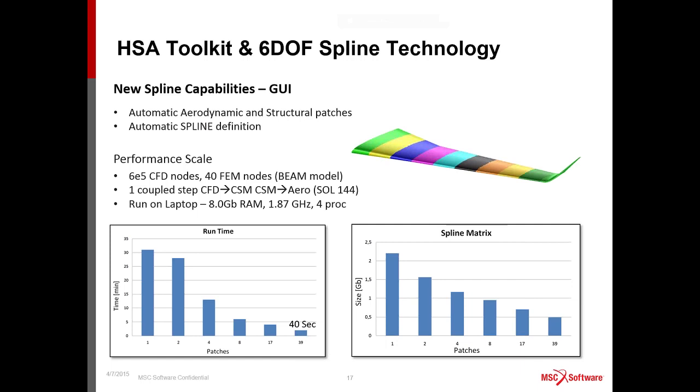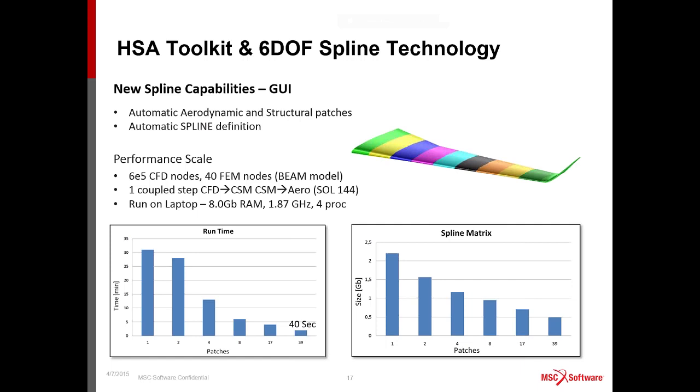And after we started using the toolkit, as you can see, while increasing the number of patches, which is exactly what the toolkit does, we were able to decrease the time to just 40 seconds. This is very, very important because we can run it very quickly.